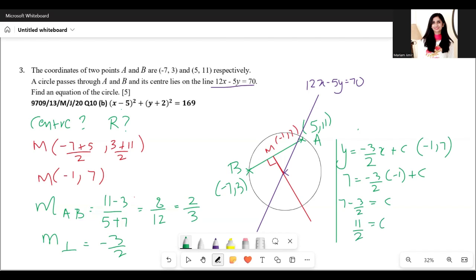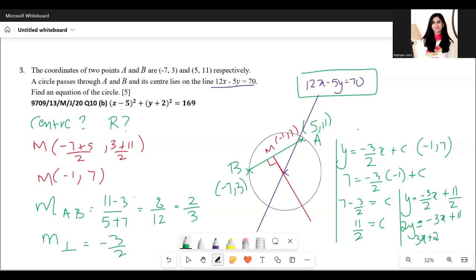So the equation of the line is going to be y equals mx plus c. Again, sending 2 to the other side, 2y is equal to minus 3x plus 11. And if I write it in this form, because we'll have to solve this simultaneously, it's going to be 3x plus 2y equals 11.